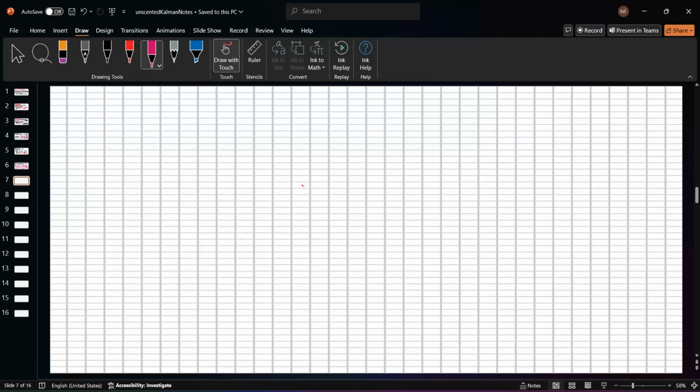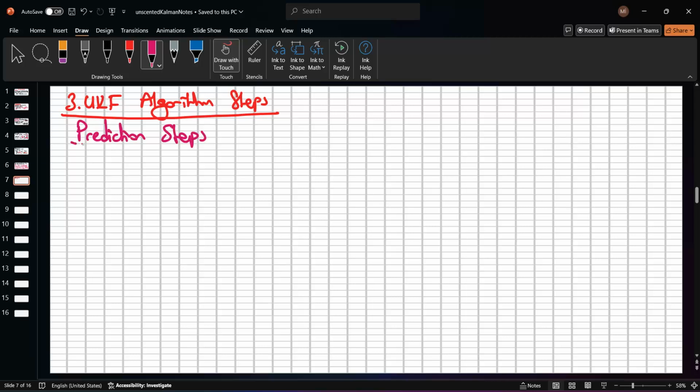So if we learn everything about this, how can we build the UKF algorithm? Steps. First of all, we begin with the prediction step. We have two steps in here, the prediction step, and also we have the update step.